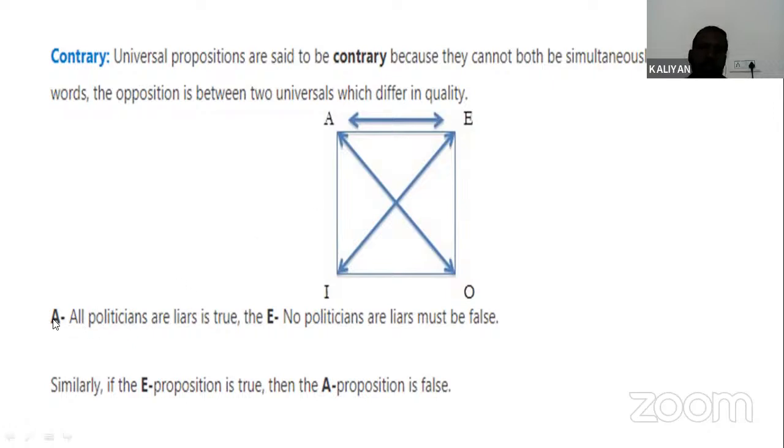For example, if "All politicians are liars" is true, then "No politicians are liars" must be false. So both are contraries. That means between the universal propositions, it is called the contrary, between all and no. This is called a contrary. So, clear?